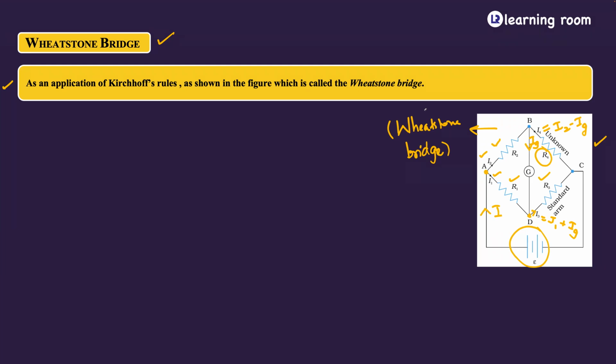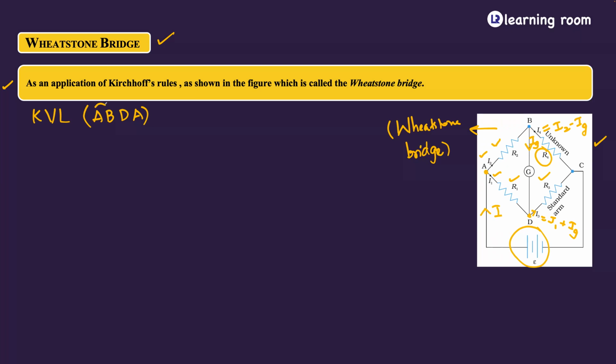Now if we start applying Kirchhoff's voltage law across the loop A, B, D, A, then when we go from A to B, how many resistors are we encountering?